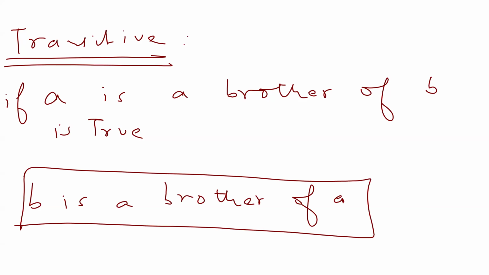Now in this case, B can be a male or female. But A for sure is a male because A is a brother. So what is B? Necessarily a brother of A? No. B can also be a sister of A.